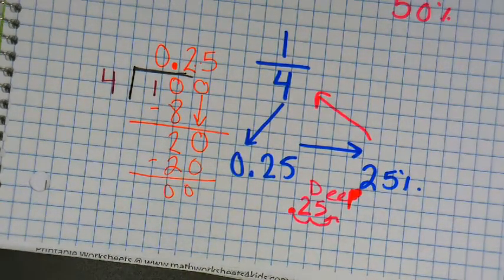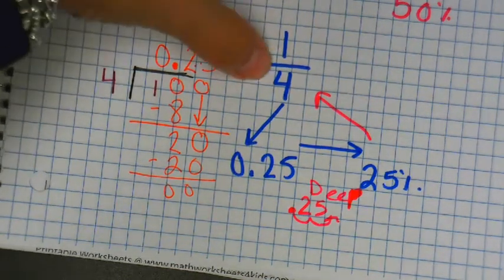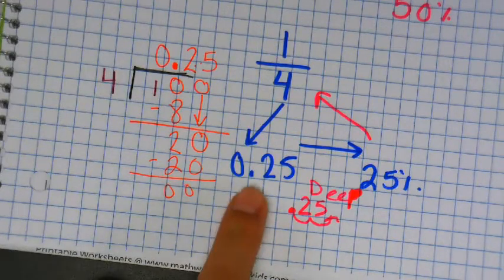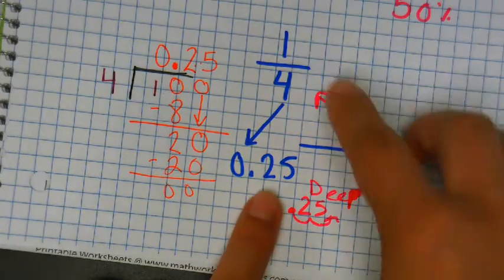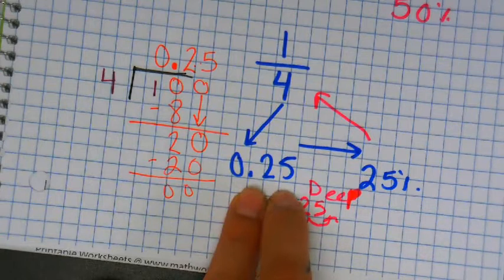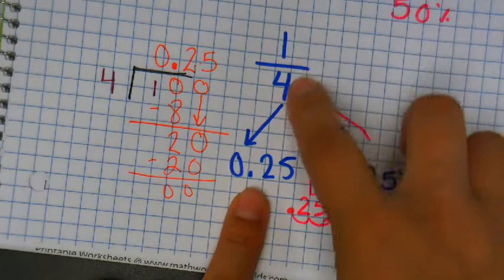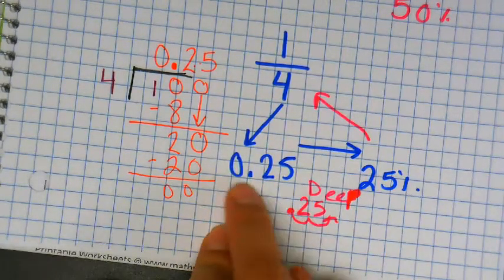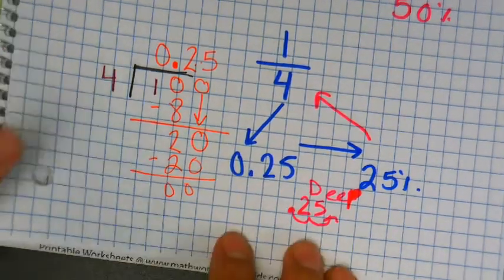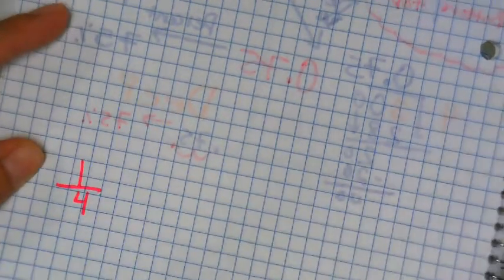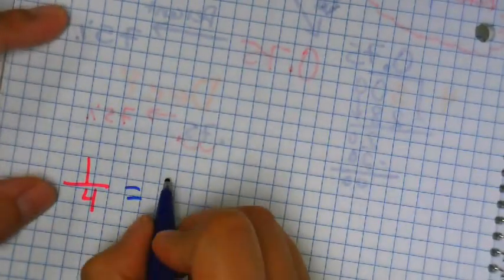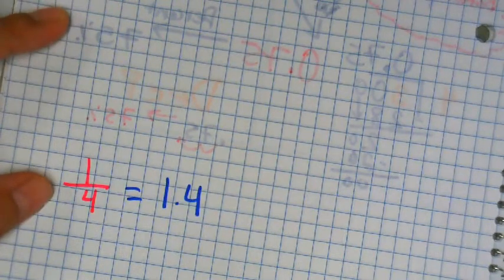There's one thing I want to point out to you. Do you see how your fraction is 1/4, but your decimal is 0.25? You see how none of these numbers end up in your answer? 99% of the time, the numbers in your fractions are not in your decimal. Because I will have kids, you don't have to write this down, they'll be like, Miss O'Malley, what's the decimal of 1/4? And they'll say 1.4. And I'll ask why.